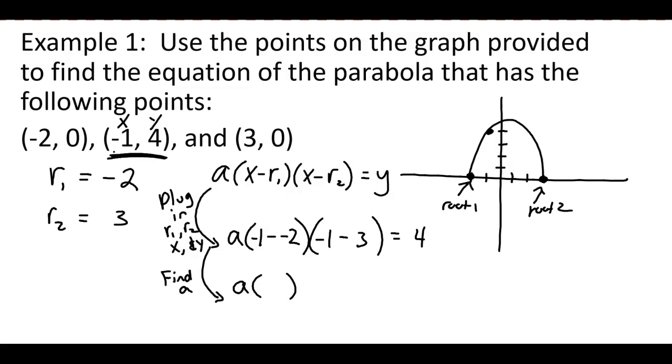What do you guys get? Yeah. So if you change that to a positive, that's like 2 take away 1. How about this one here? -1 take away 3. -4.